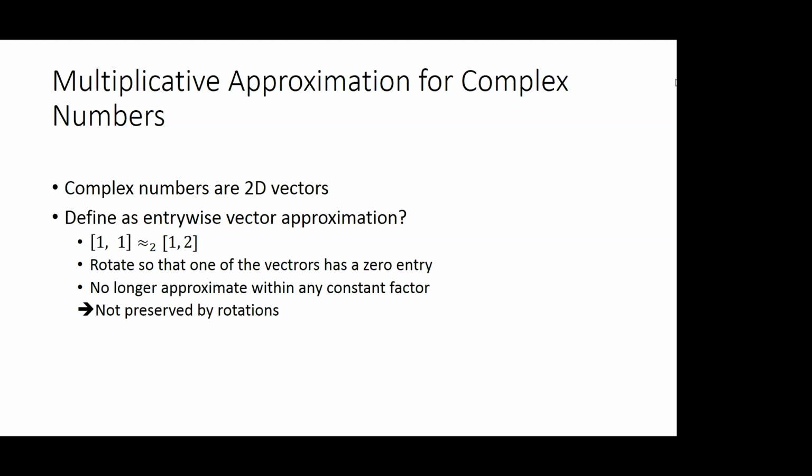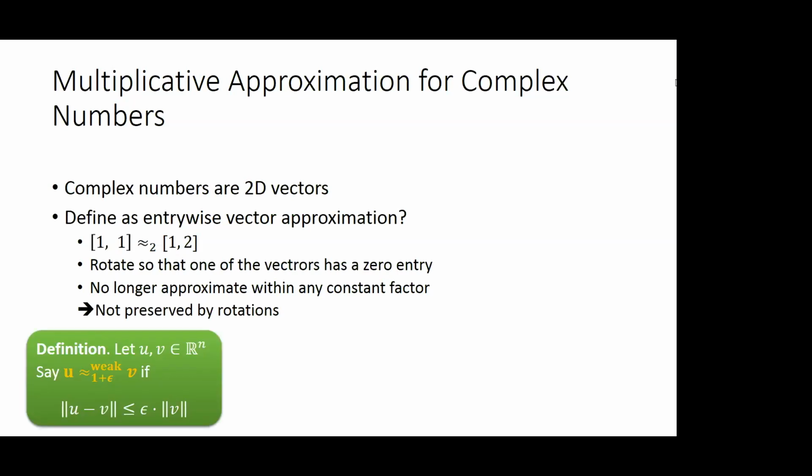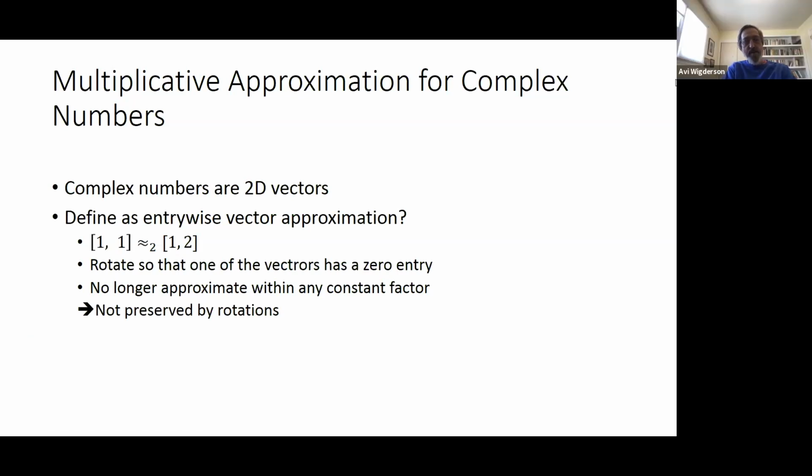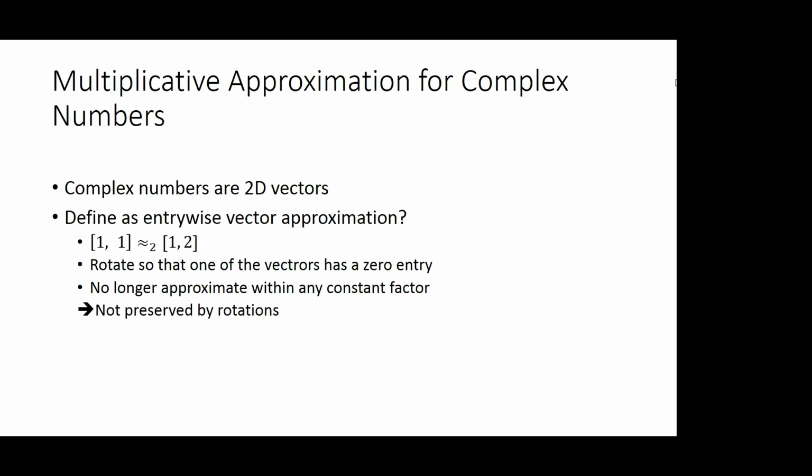And that's kind of bad, especially for complex numbers. You'd hope that whatever you do with them is geometric and is not affected by rotations, at least intuitively. And so that really suggests that doing some sort of entry-wise thing is not the right way to go here. Instead, polar coordinates would be better.